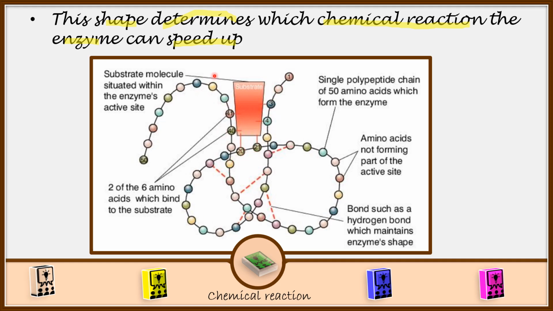Any other substrate that has a different shape than this one will not be worked on by this enzyme. So that's why we are saying that this shape determines the chemical reaction the enzyme can speed up.